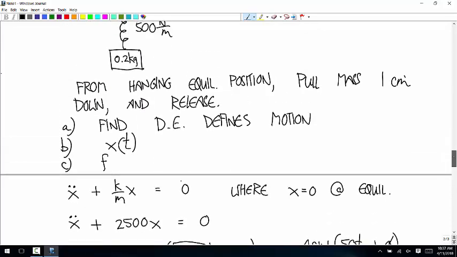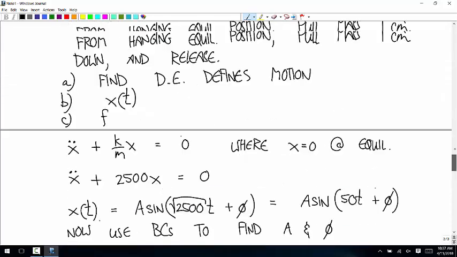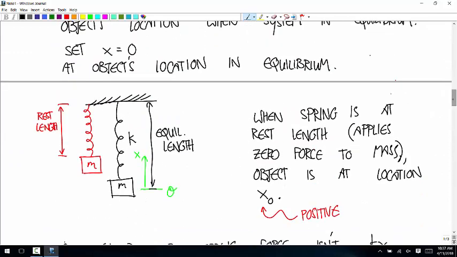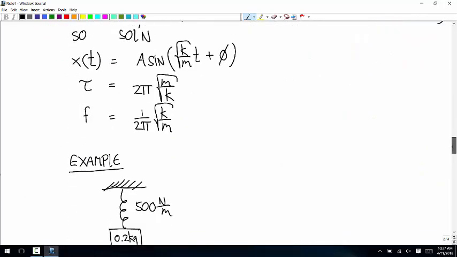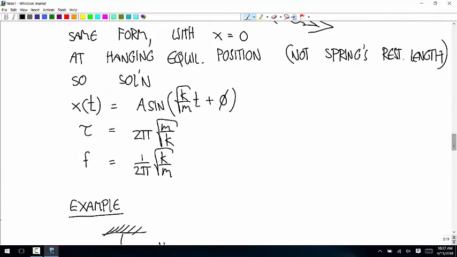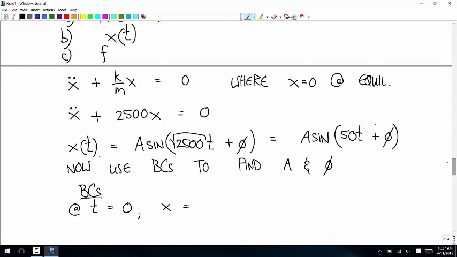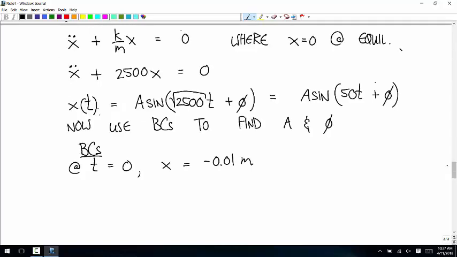Remember that we're doing this all with positive x going up, and we pulled it down. So x is equal to negative 0.01. And we're releasing it from rest. So also at time equals 0, x dot is equal to 0.